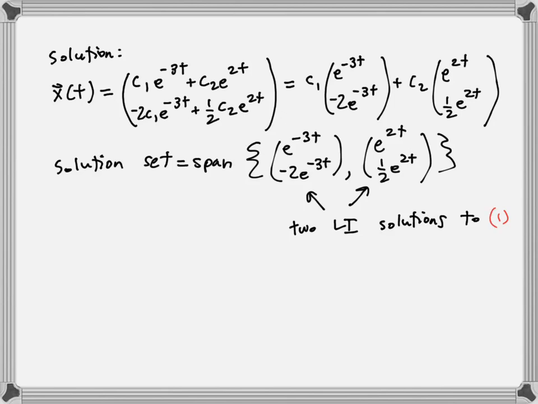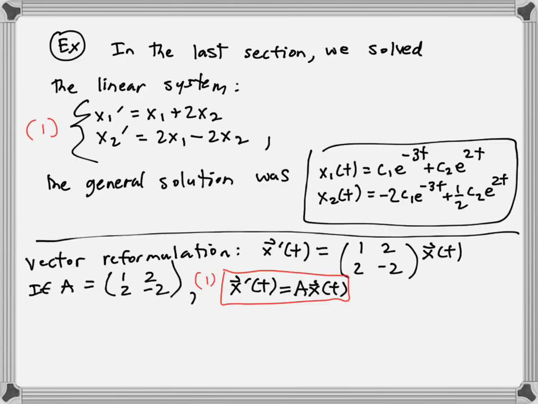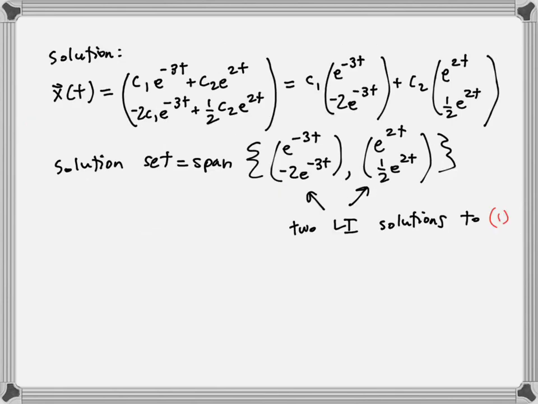To 1. Okay, so this would be how we take the solution. So if we go back, if we call this solution 2, then the way we would write it as a vector is either like this or like this, right? Both of these are the solutions.